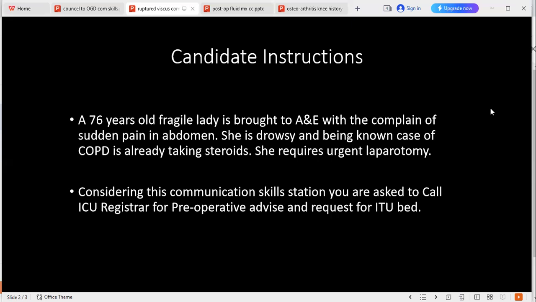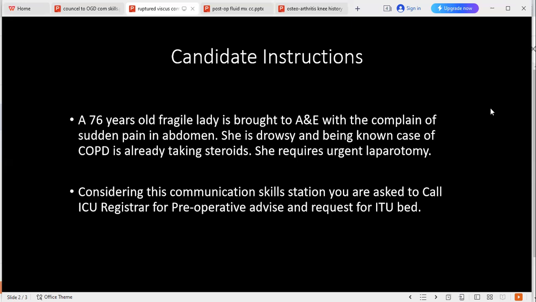So we diagnose her as perforated viscus, and we booked her for OR. She has a dropped hemoglobin in the blood test, by 2 units, and an ABG which shows metabolic acidosis.